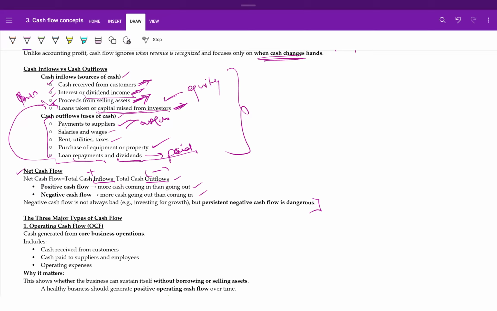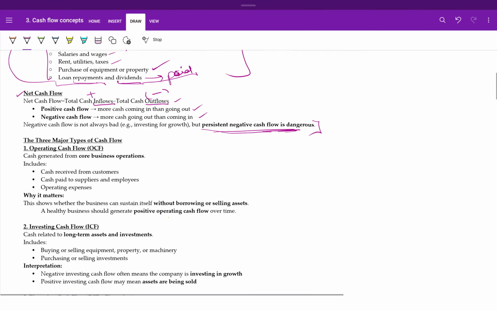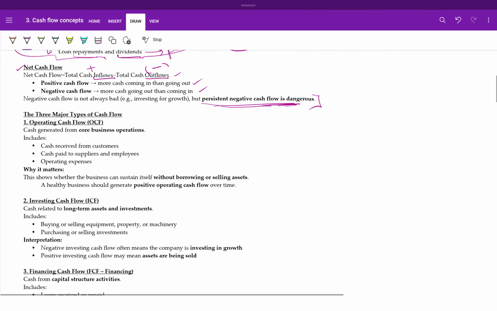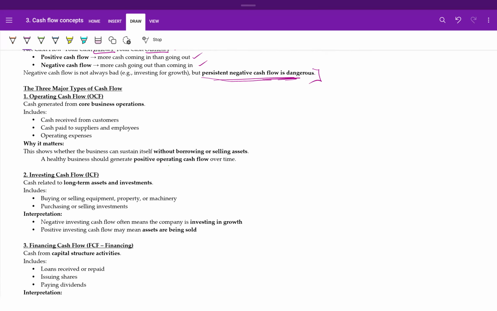Persistently having negative cash flow is actually dangerous. Why is that? We will discuss these things in later readings. Now let's discuss the three major types of cash flows: operating cash flows, investing cash flows, and financing cash flows.